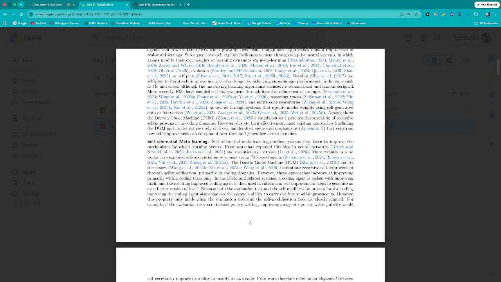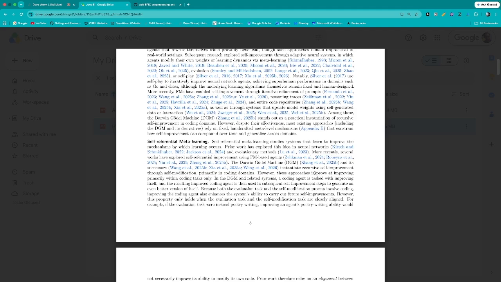Prior works have explored this idea in neural networks and evolutionary methods. More recently, several works have explored self-referential improvements using FM-based agents. The Darwin-Gödel machine and its successors instantiate recursive self-improvement through self-modification, primarily in coding domains.